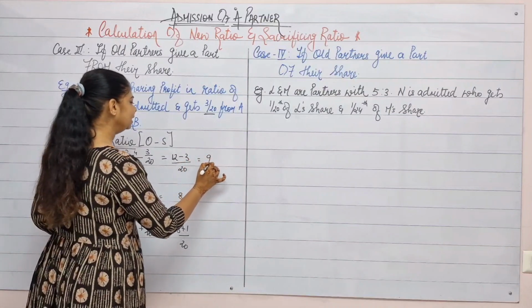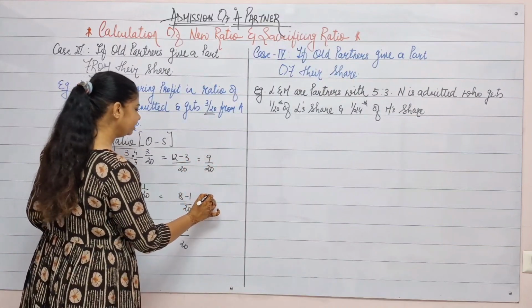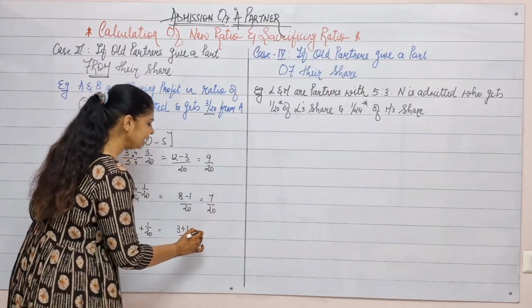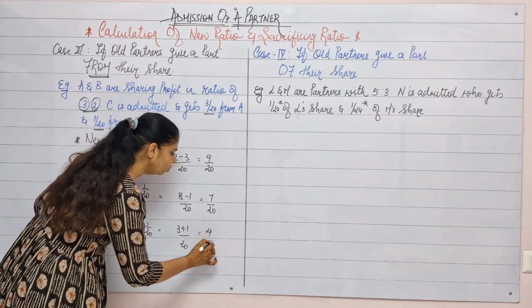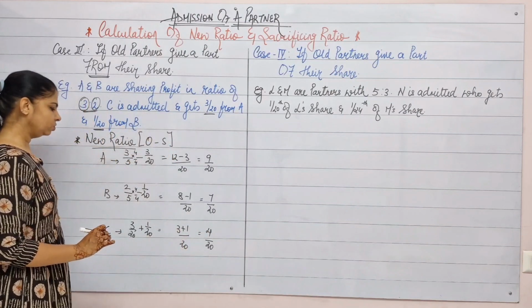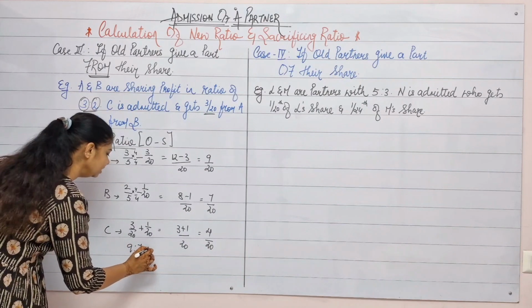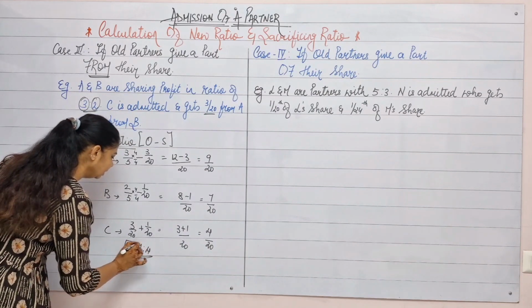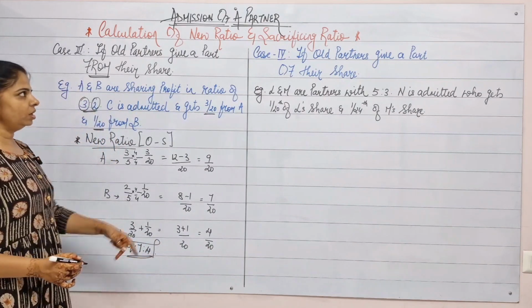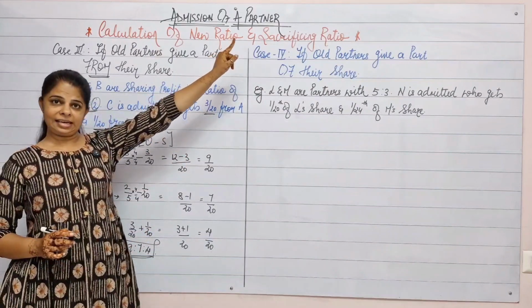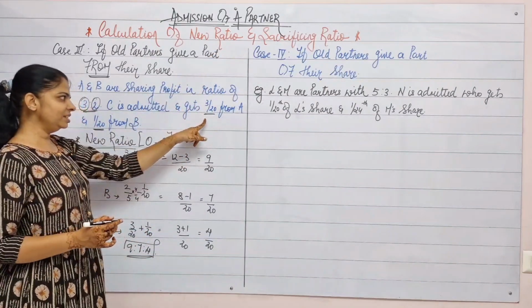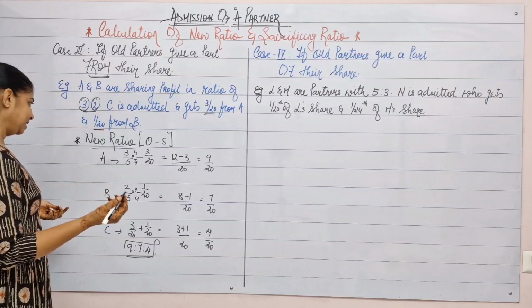It will be 9/20, it will be 7/20, and 3 plus 1, 4/20. So their new ratio will be 9:7:4.